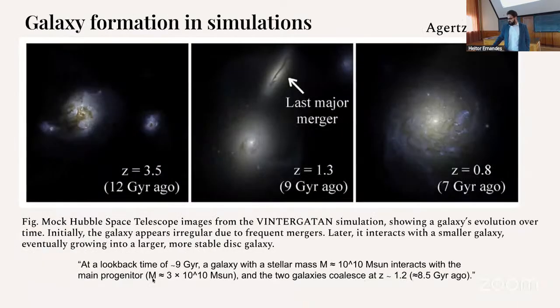There is a zoom-in simulation from a group led by Oscar Agertz in Lund called Vintergatan, which is basically Milky Way in Swedish, winter way. They run simulations and pick galaxies similar to the Milky Way we see today, and then try to understand what happened in the past.